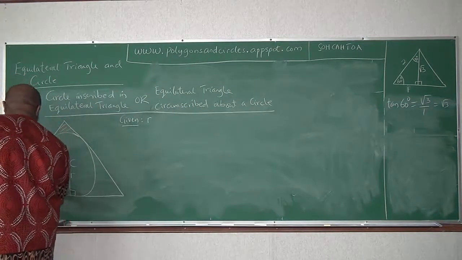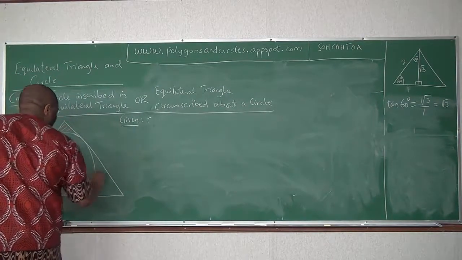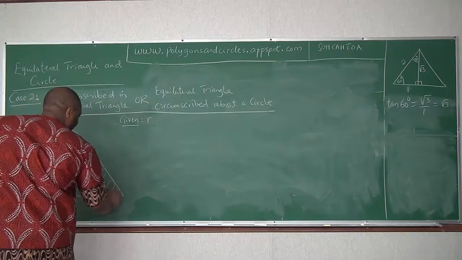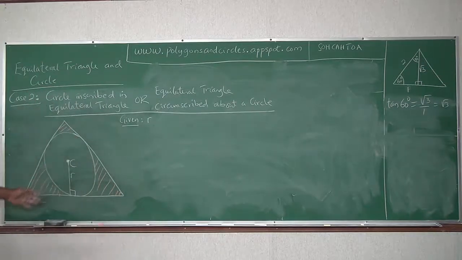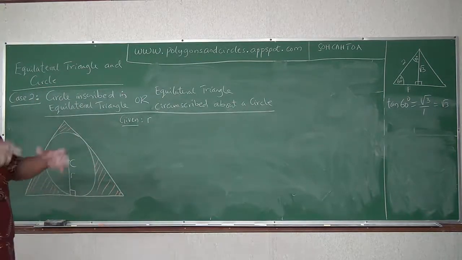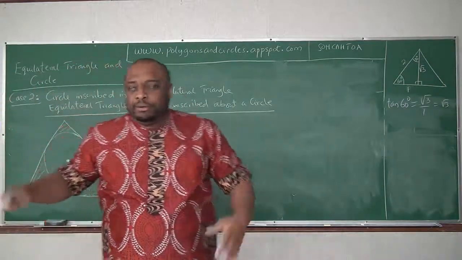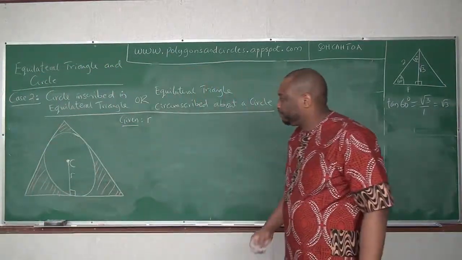This is not drawn to scale, okay? Of course, from here you know that the area of the shaded part will be the area of the triangle minus the area of the circle.